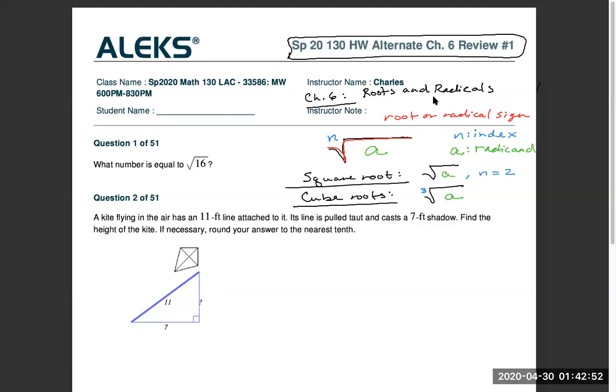Okay, and now we can continue with the roots. You can also have fourth roots, fifth roots, and so on and so forth.